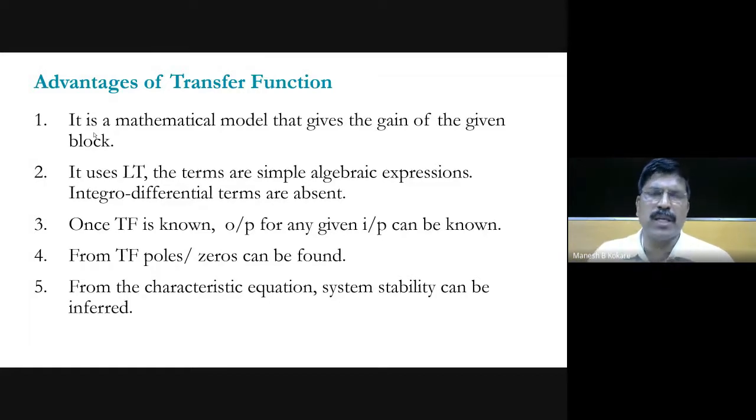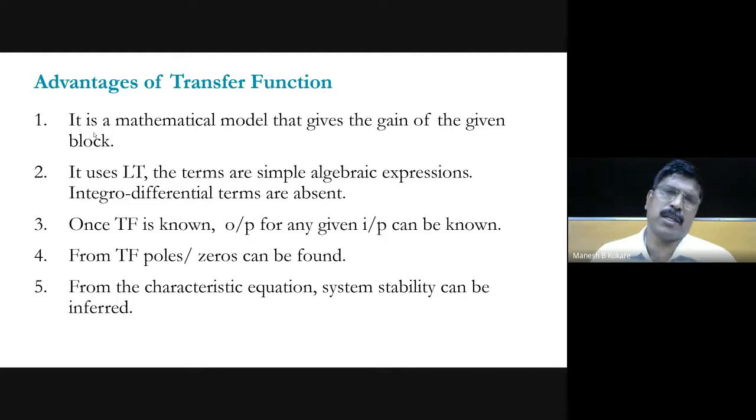Also, fourth one is that the roots of the denominator are called the poles. So if you find out the roots of the denominator of the transfer function, you'll get the information about the poles. And if you find out the roots of the numerator of the transfer function, those are called the zeros. So poles and zeros we will know from the transfer function. And the last one is that if you equate the denominator of the transfer function equal to 0, that is called the characteristic equation.